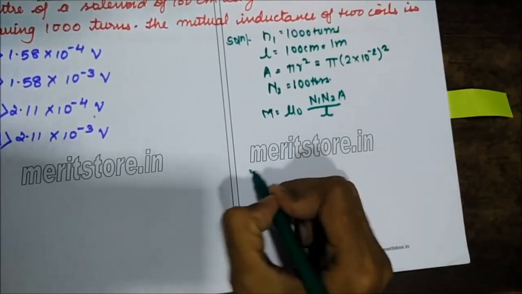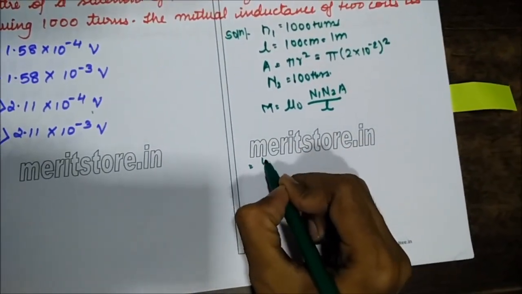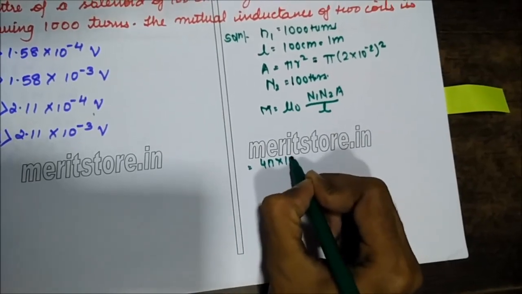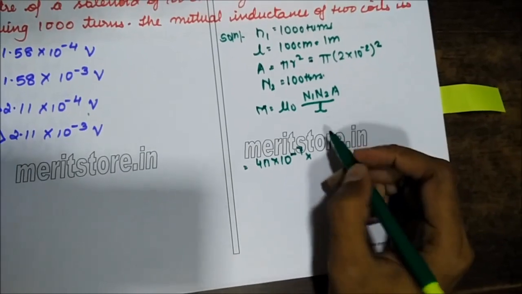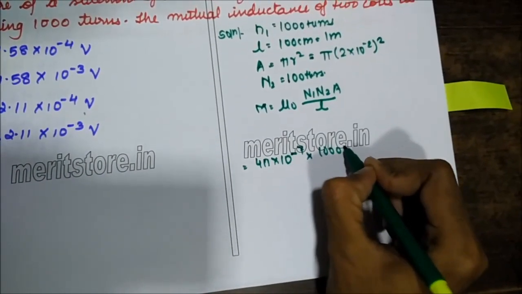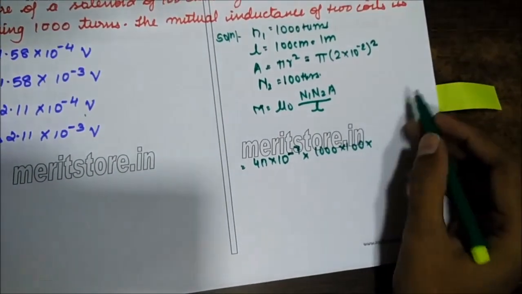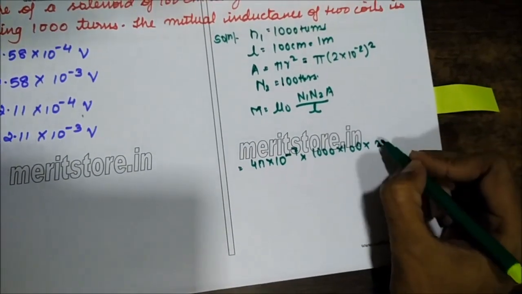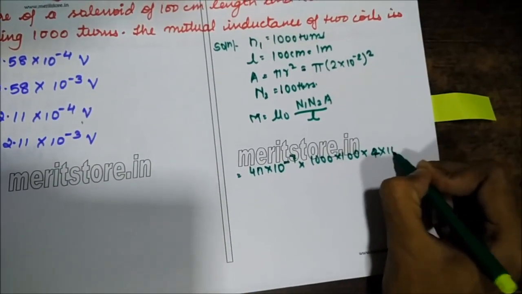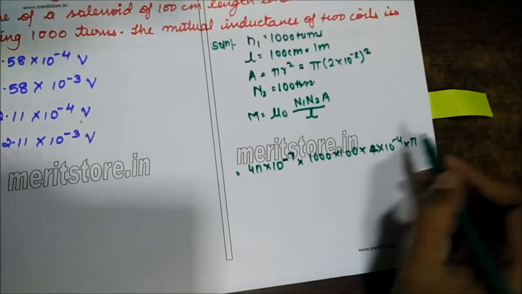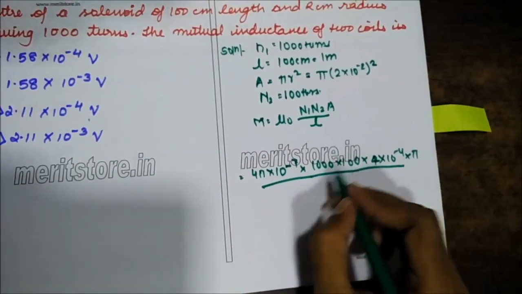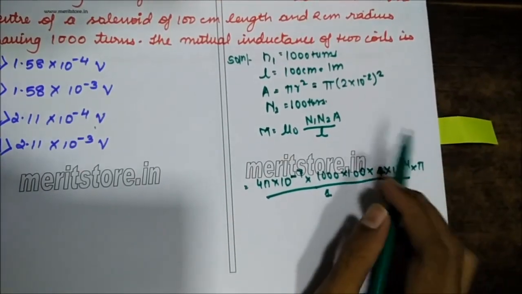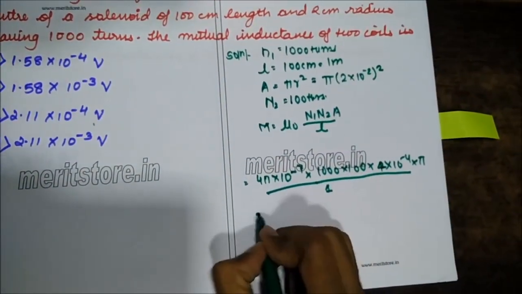Mu naught is equal to 4 pi into 10 raised to minus 7, into N1 and N2, that is 1000 multiplied by 100, into the area, that is 2 twos are 4, that becomes 4 into 10 raised to minus 4 into pi, upon the length, which is 1 meter.